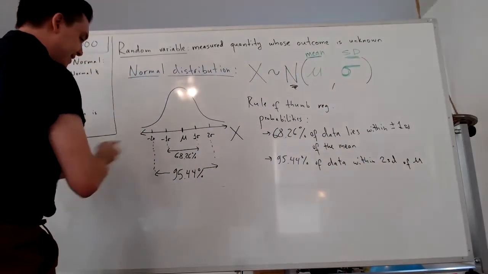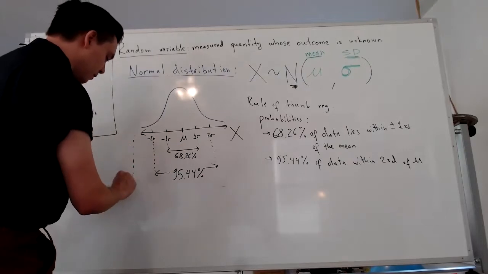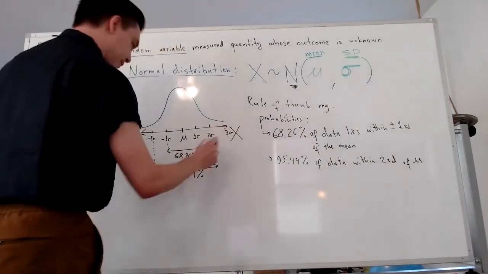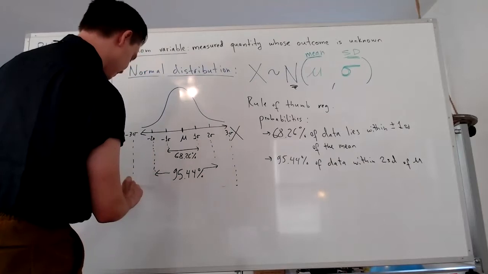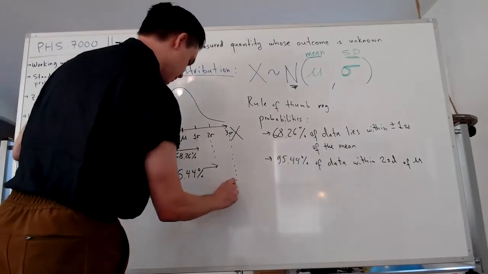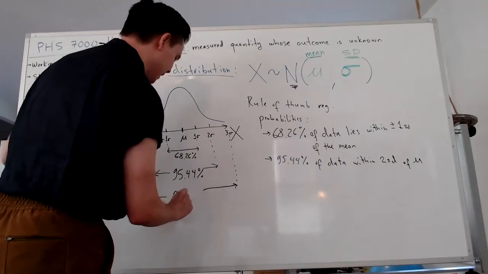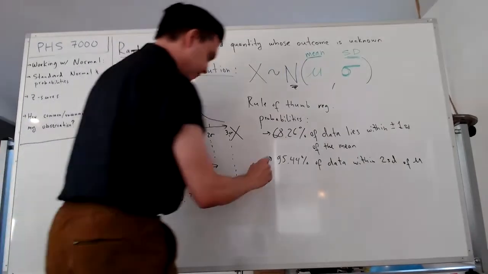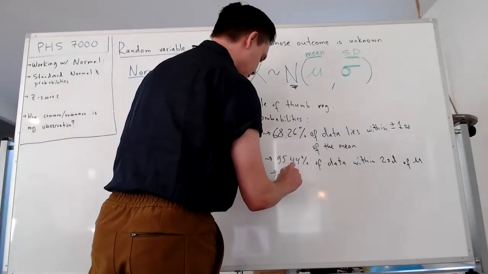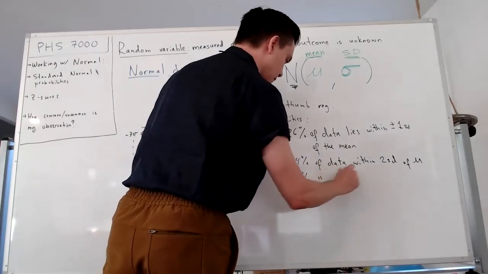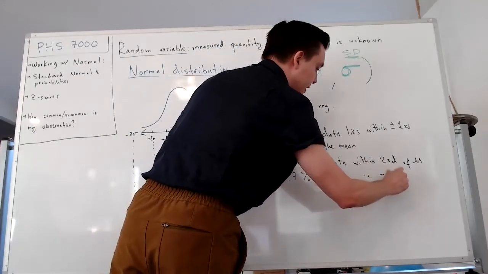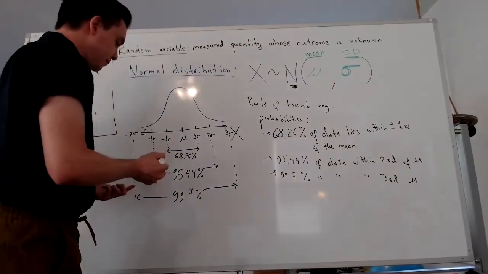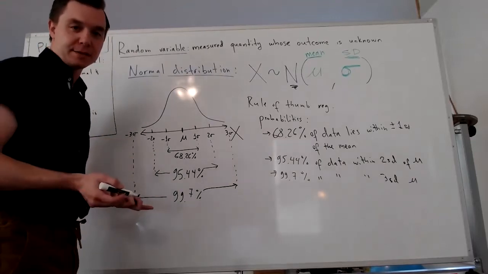And then if we extend this out further, to -3 and plus 3, 99.07% of the data is within 3 standard deviations of the mean. Well, these are all rules of thumb. How did they compute these?